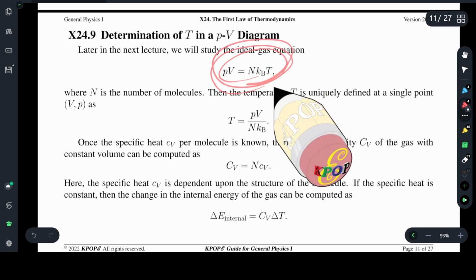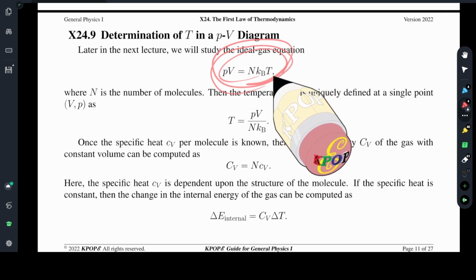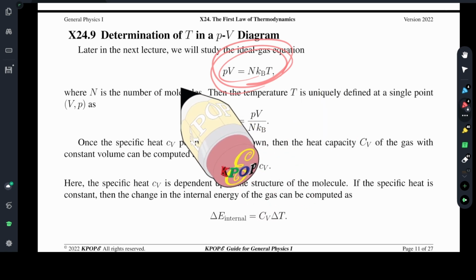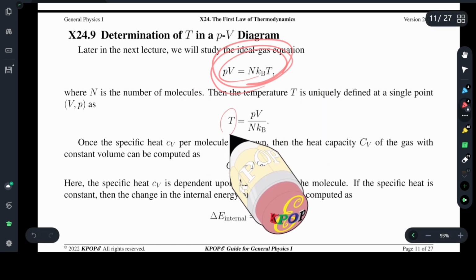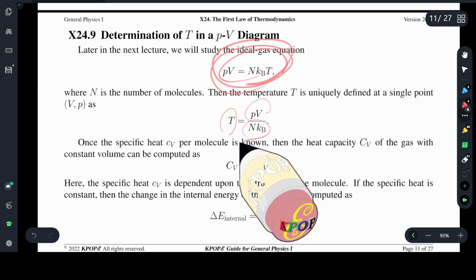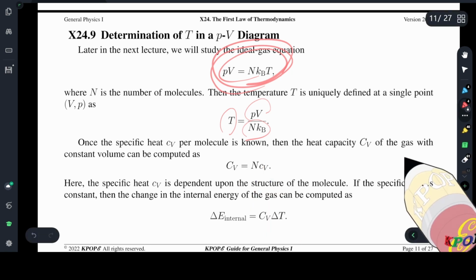Only if the gas system is in thermal equilibrium, pressure, volume, and temperature are all defined. If we know this ideal gas equation, we can determine the temperature by dividing PV by number of molecules and Boltzmann constant.